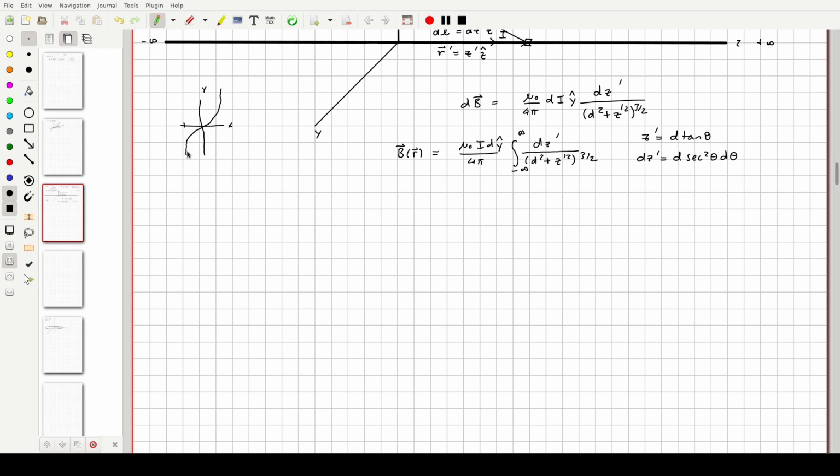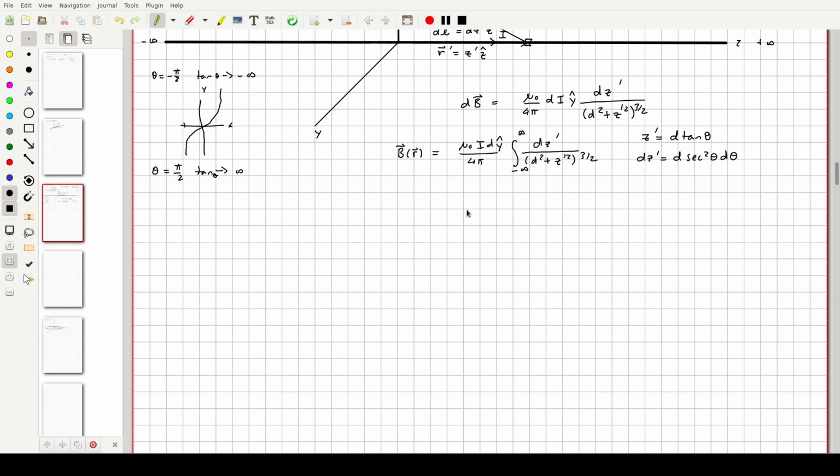On the negative side, where it blows up to negative infinity, theta would equal minus pi over 2. And over here, where it goes to positive infinity, that's where theta is equal to pi over 2. So now we know what our limits of integration are going to be.